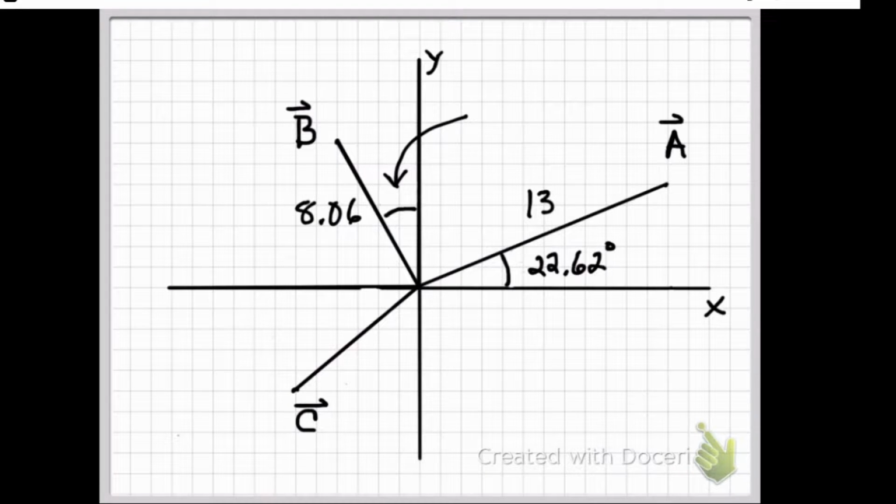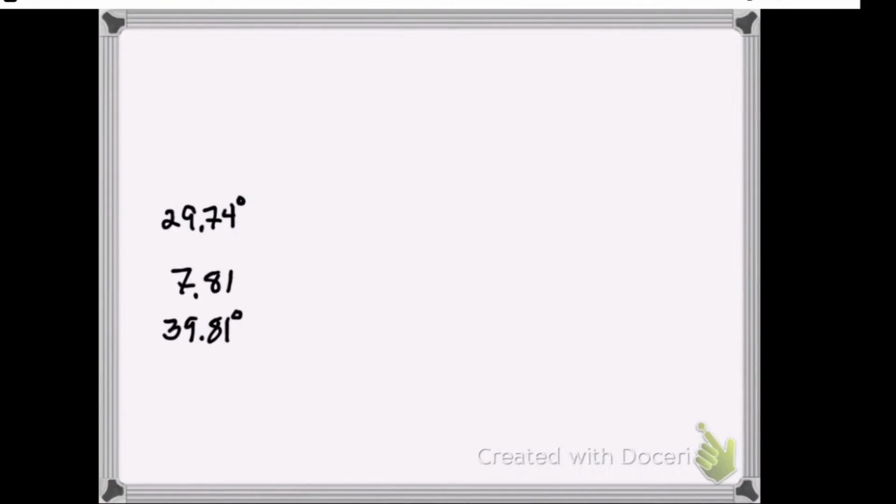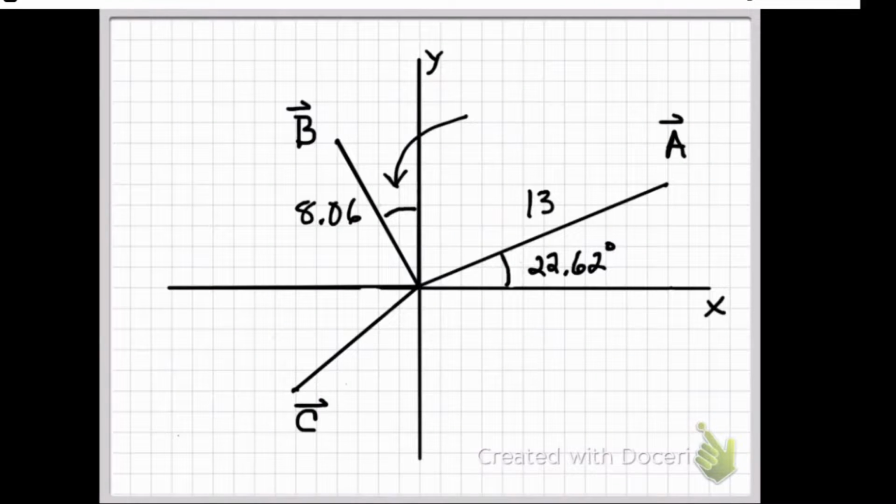So I just drew an arrow pointing to that angle between vector B and the y-axis. We'll go grab that angle, which turns out to be 29.74 degrees, and we'll put that over here. So 29.74 degrees is that angle between vector B and the y-axis.